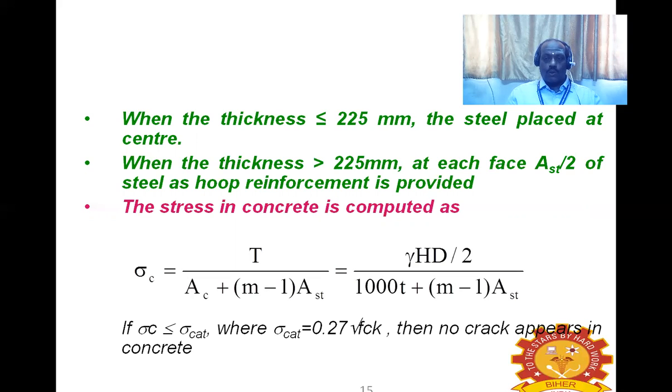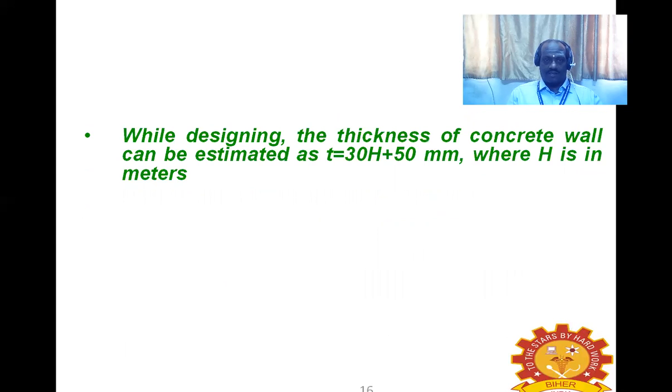Then no crack appears in concrete, where the stress sigma cat is equal to 0.27 root fck. Then there won't be any crack.